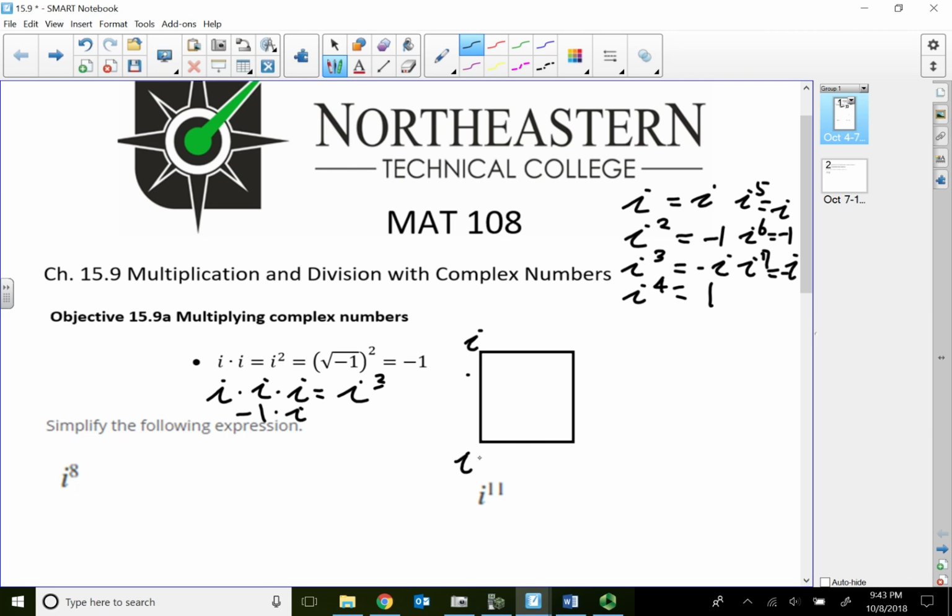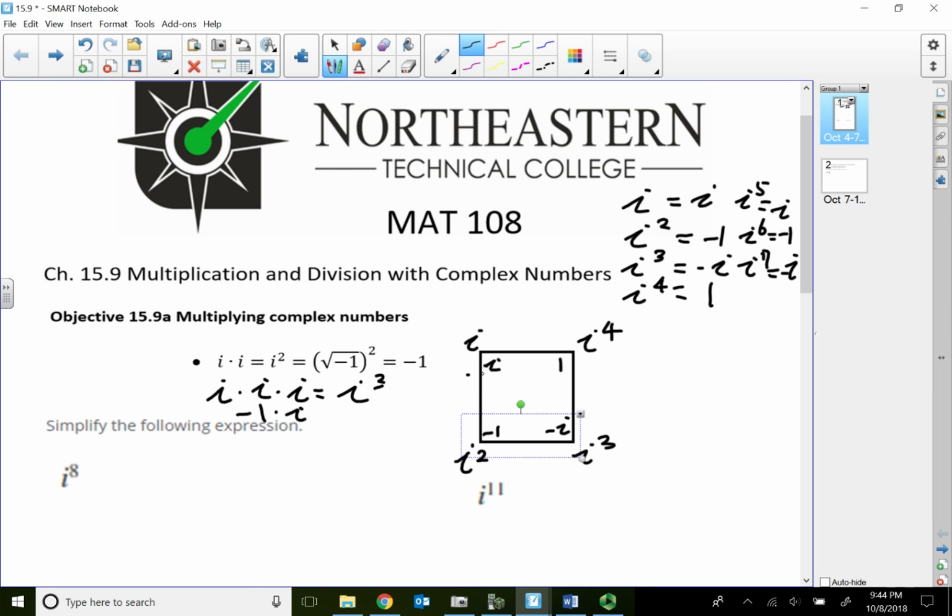This is i to the second, this is i to the third, and this corner is i to the fourth. See the four corners? I'm going to put the answers on the inside: i, -1, i to the third is -i, and i to the fourth is 1.